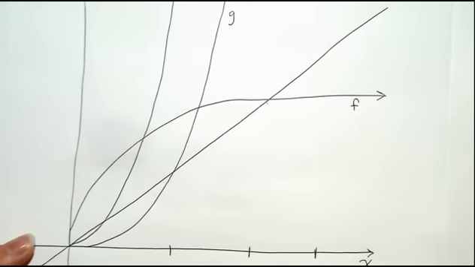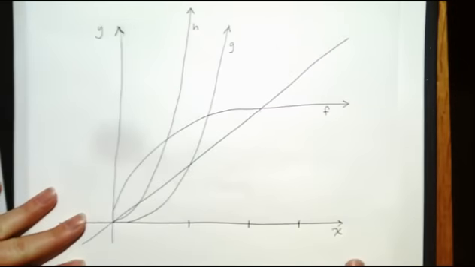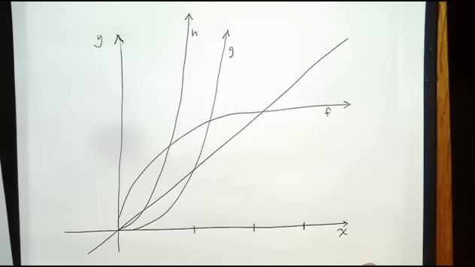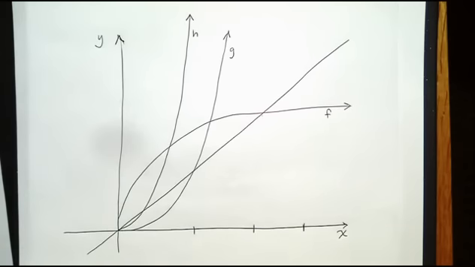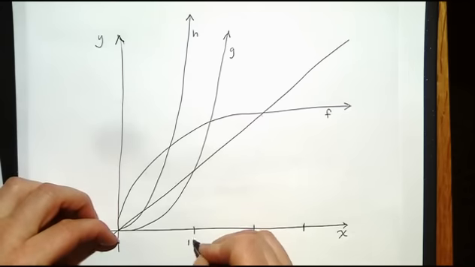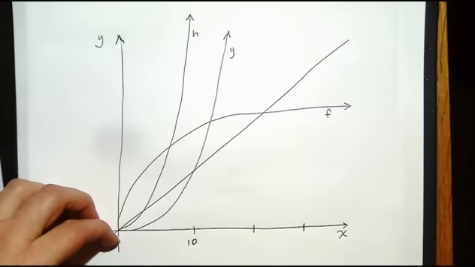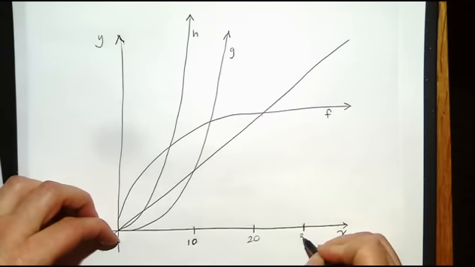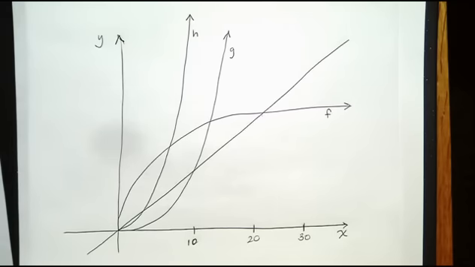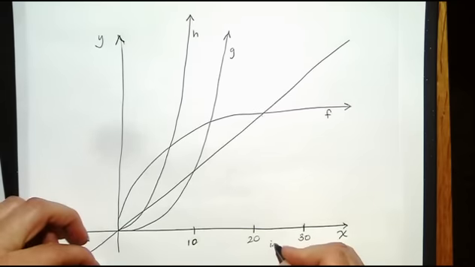Here are some graphs of three functions, f, g, and h. Let's assume they are the running times for a few different algorithms. Let's say this is 10 right here. Over here, this is the size of the input.